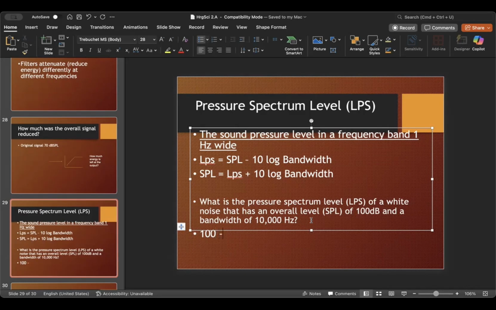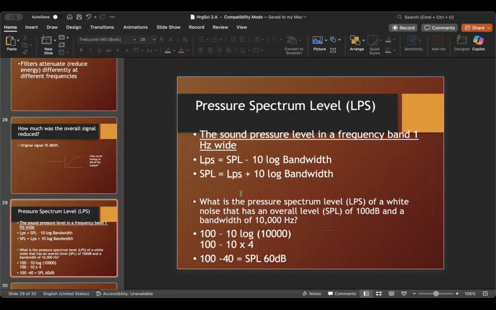So 100 minus 10 log of 10,000. The log of 10,000 is 4, so we have 100 minus 10 times 4. 10 times 4 equals 40, so 100 minus 40 gives us 60 dB. 100 was our input and 60 dB is our output.